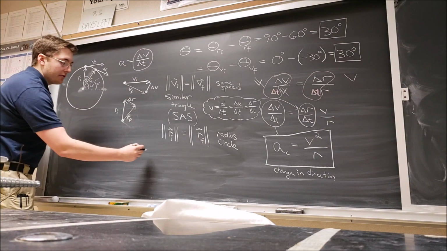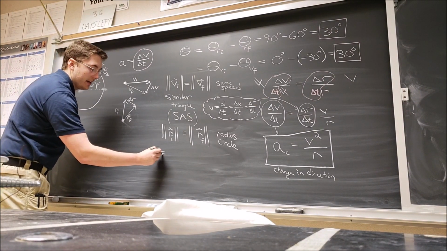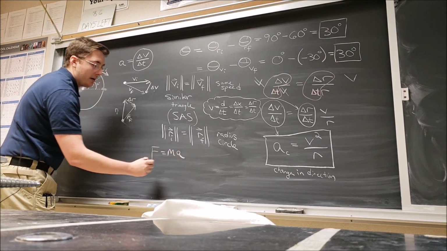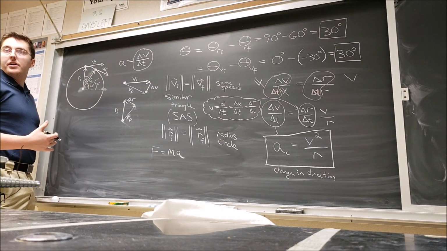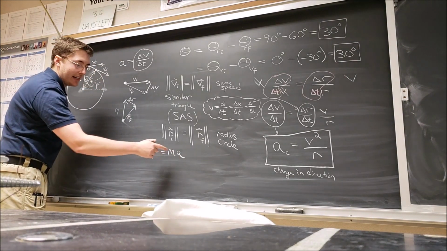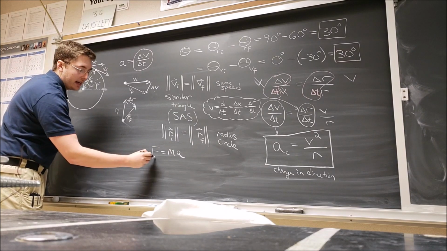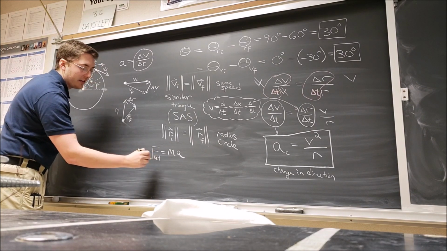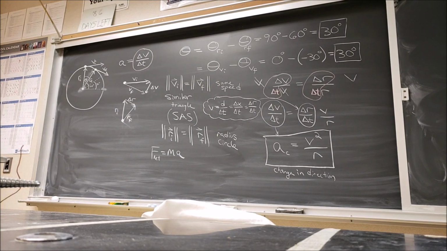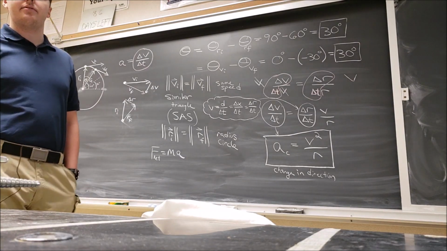And because of that, if you remember F equals ma, right? Now, we learned that, but we're going to have a new form of F equals ma. So this is F net equals ma. So we could do, let's say, F net, right? The net force is equal to ma. If you want something to accelerate, you need a net force.